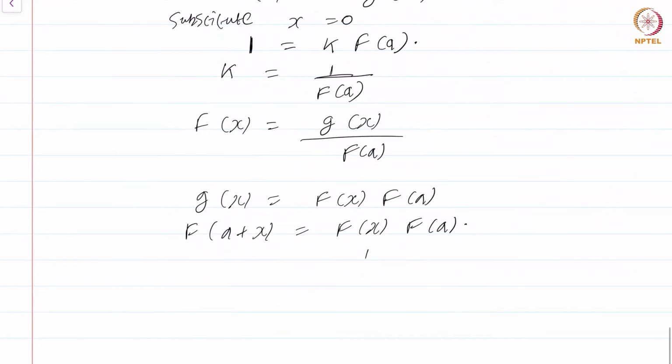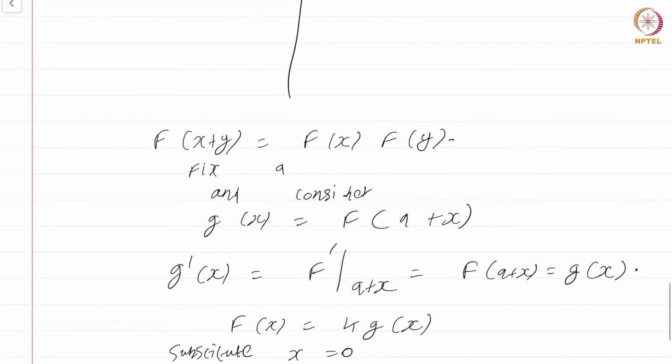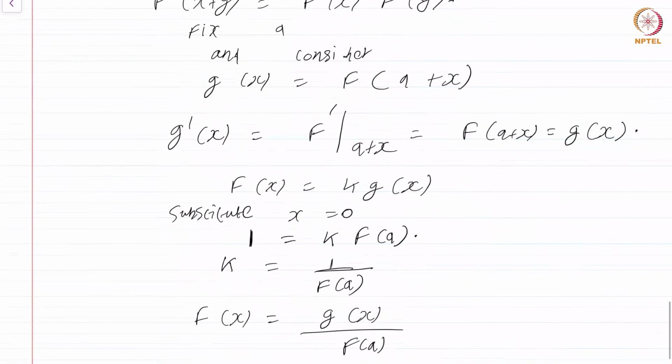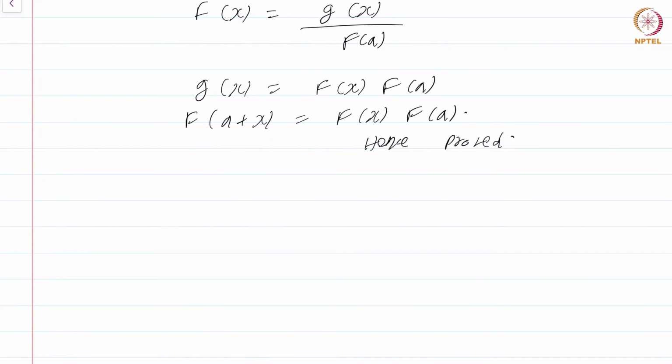Hence proved. So we ultimately wanted to show that f of x plus y equal to f of x times f of y. We have just fixed y to be a and proceeded with this argument. So ultimately we have got the product property of exponential functions.